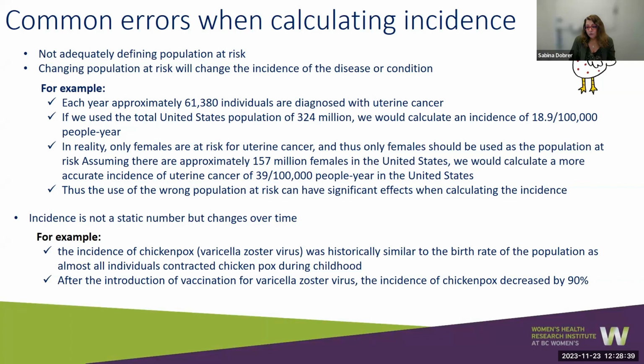And we need to know that incidence calculated in one country will be different, for example, from incidence calculated in another country, or the incidence of the disease we calculated before might be different.